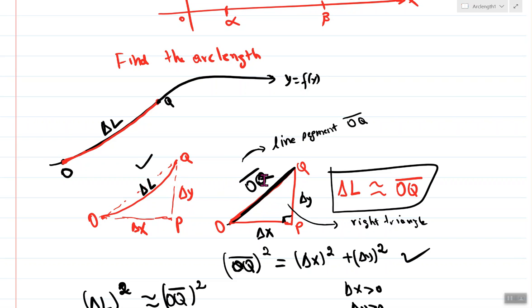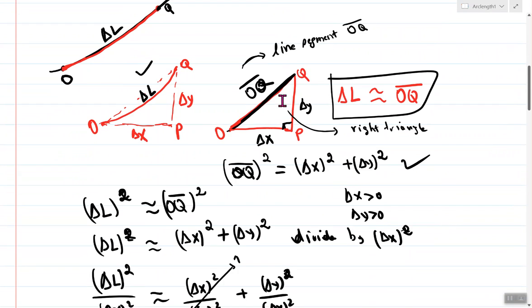Notice that the hypotenuse of this triangle is smaller than delta L, because delta L is like there. But we can estimate delta L with the hypotenuse OQ bar.